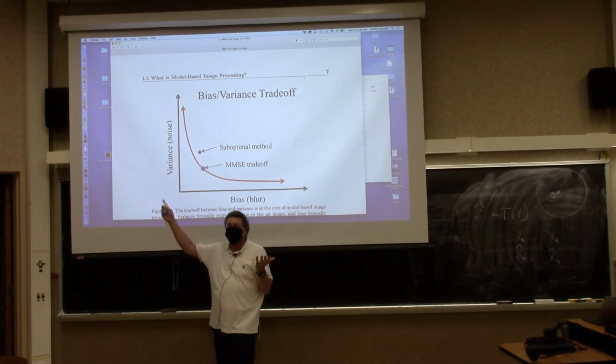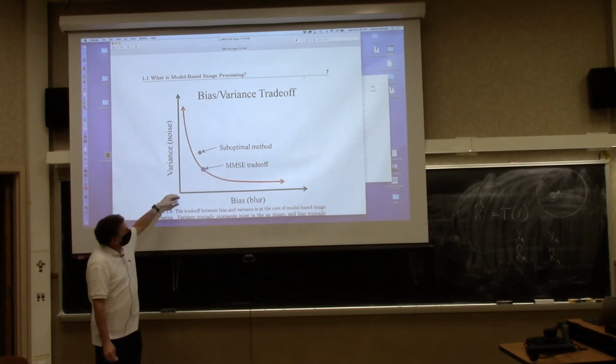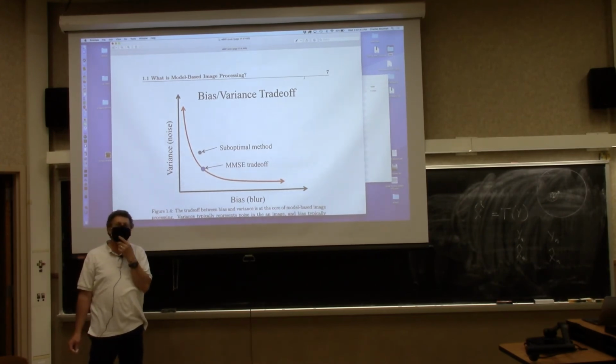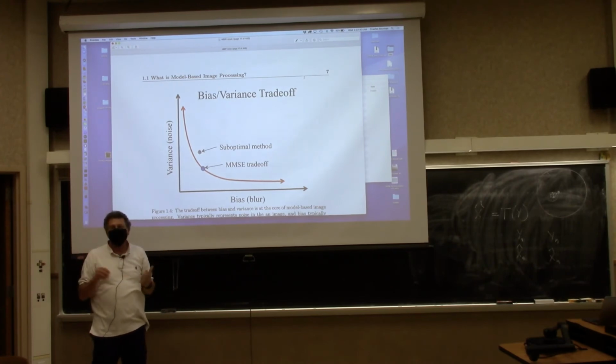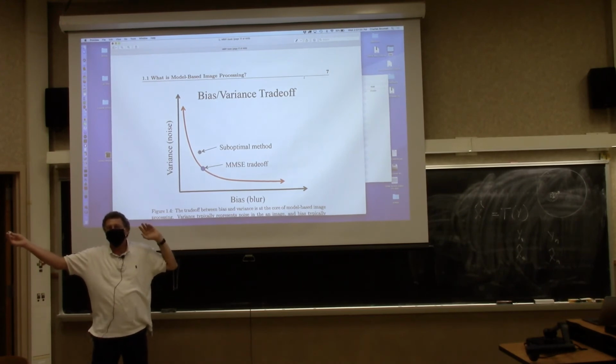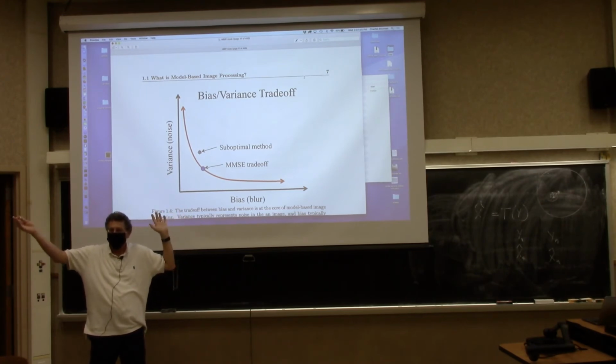So you have to accept some sort of bias. But if you want the variance to go to 0, if you want no noise, then usually the bias has to go to infinity. In other words, you can get rid of all the variance by just smoothing the whole thing out. You'll get rid of all the noise, but you also get rid of all the detail. It'll be all blurred out.